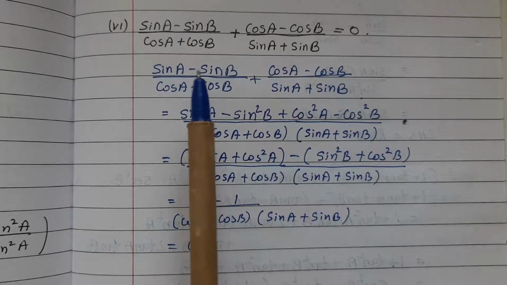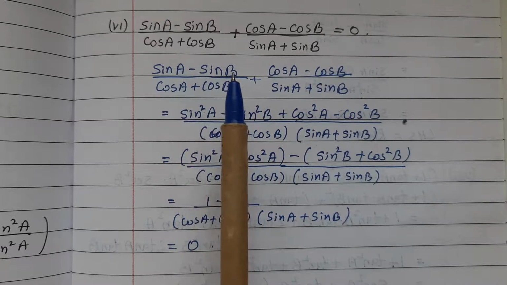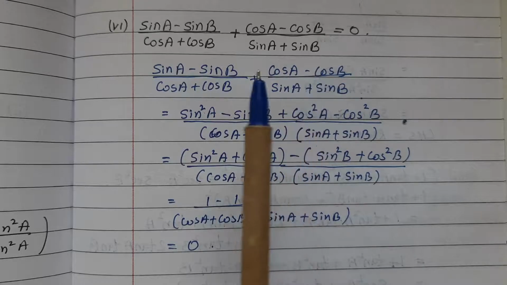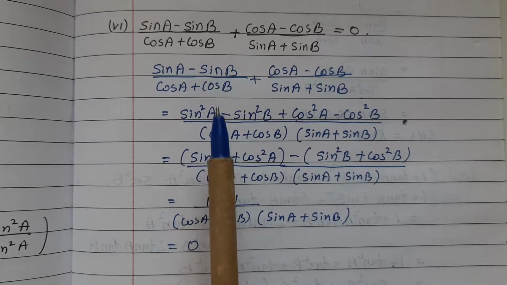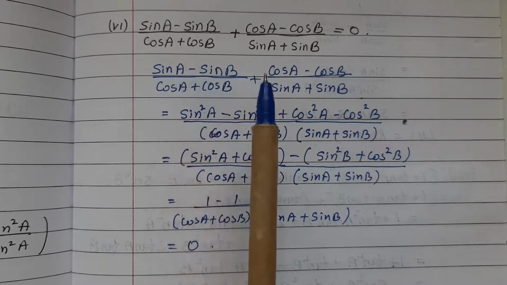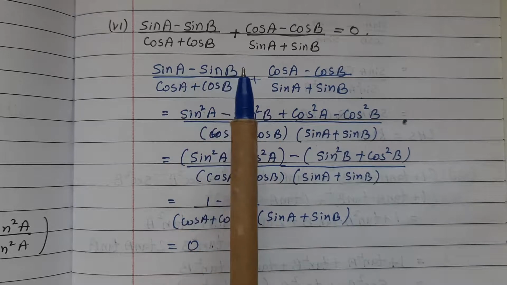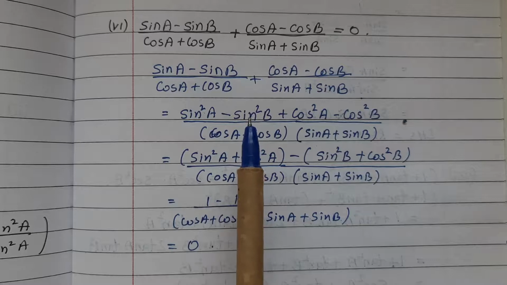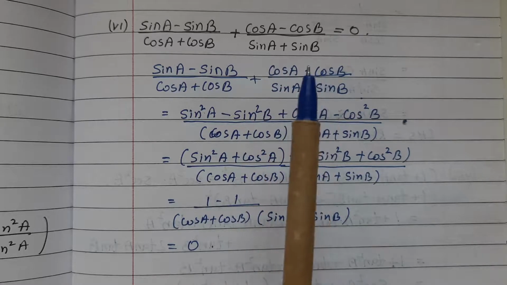Multiply this term by sin A plus sin B, multiply this term by cos A plus cos B. We get sin A into sin A, sin square A minus sin square B, using (A minus B) into (A plus B) is A square minus B square.